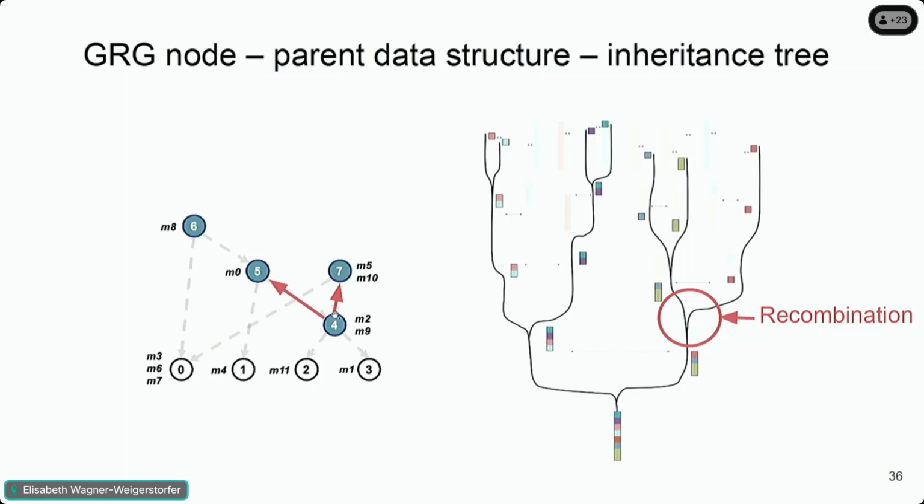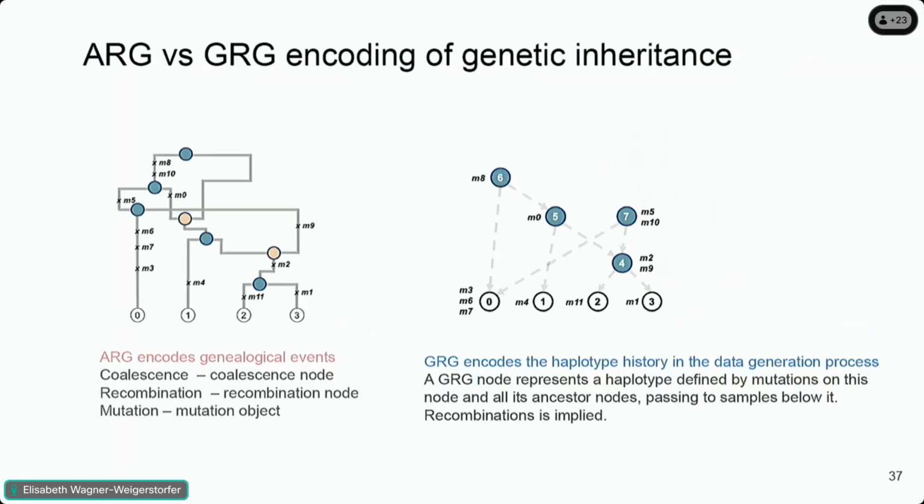And that is what we have here as this tree structure above the node in the GRG. So in some sense, we think of this GRG structure as something that could come from a reduced version of the ARG. We don't have all the information in ARGs, like coalescence time and other information.